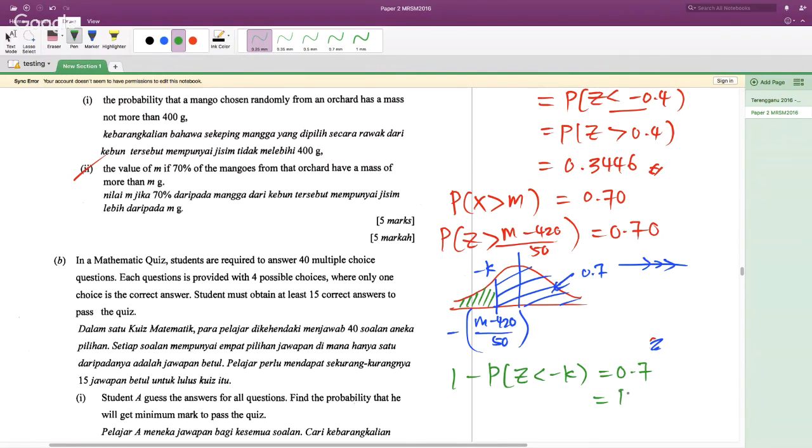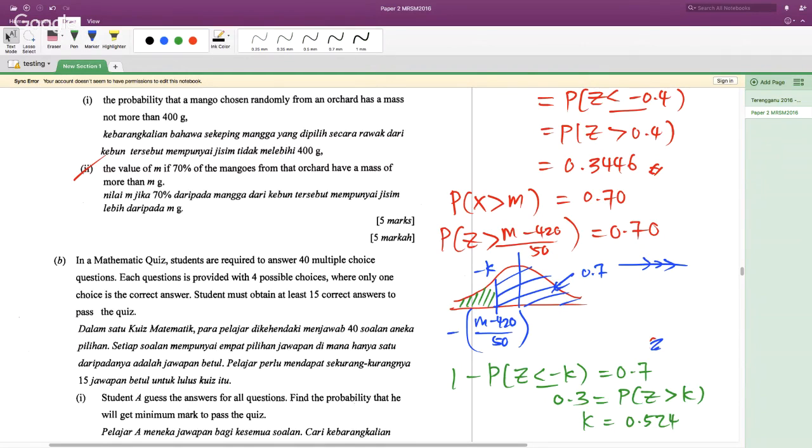The probability for z less than negative k can be changed to z bigger than k, which is 1 minus 0.7, is 0.3. All right, so I will find 0.3 inside the table, and 0.3 should be 0.524.